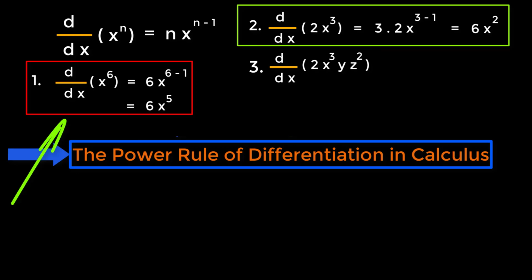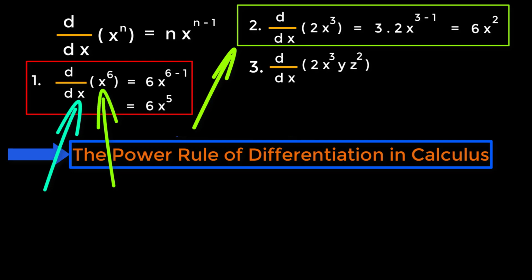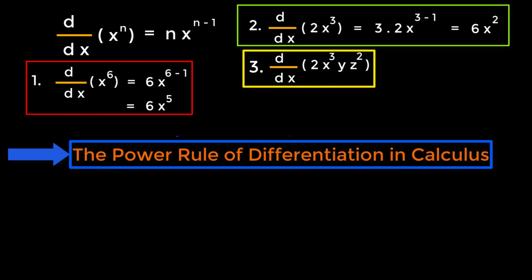See, in the first example, we differentiated this x with respect to x, and in the second example, we also differentiated x with respect to x. But in this third example, there are x, y and z here. So what will we do now? Actually, we will have to differentiate only this x with respect to x, because with respect to x, only x can be differentiated, not y or z.